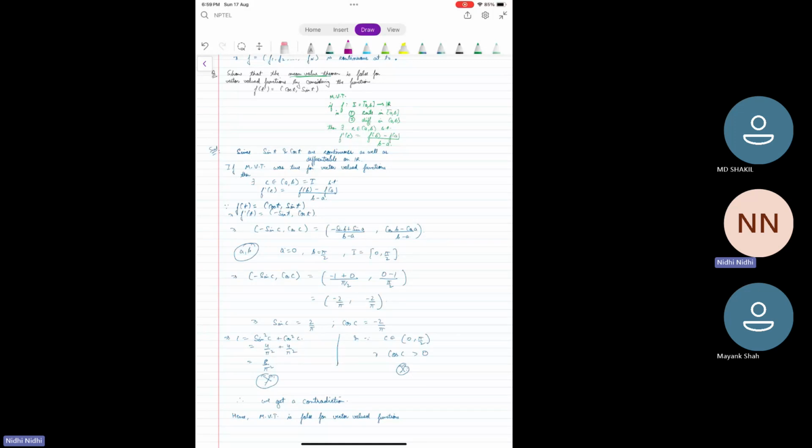Okay, so we do not have the mean value theorem for vector valued functions. Let's look at some multivariable functions. I think that will be similar to what you must have done in multivariable calculus.